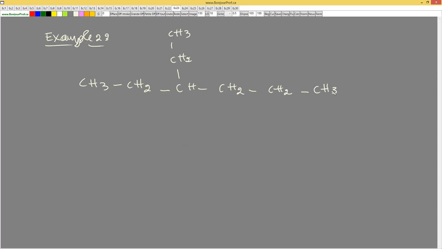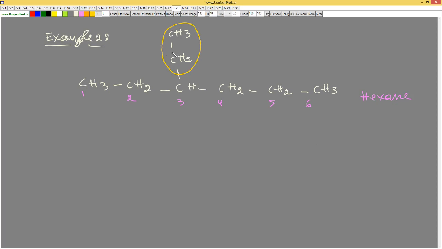I have to identify the parent chain, the longest chain. The longest chain is this one here. I'm going to number the carbons: 1, 2, 3, 4, 5, 6. So it will be hexane. I know that. And I have the side chain, I'm going to circle it and give it its name.